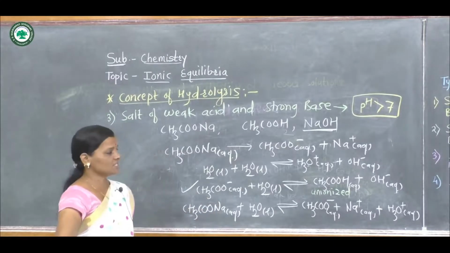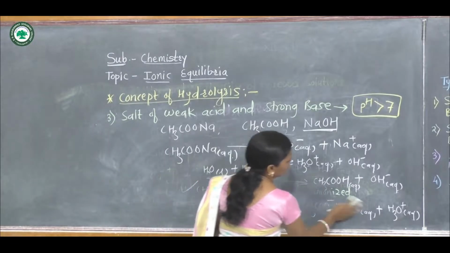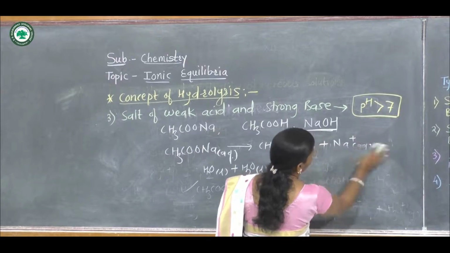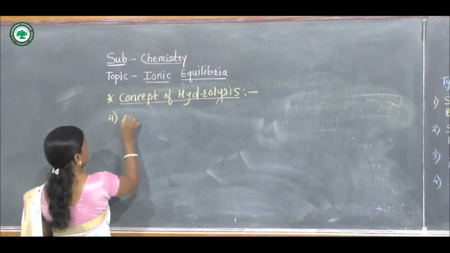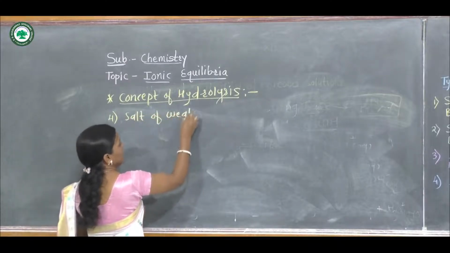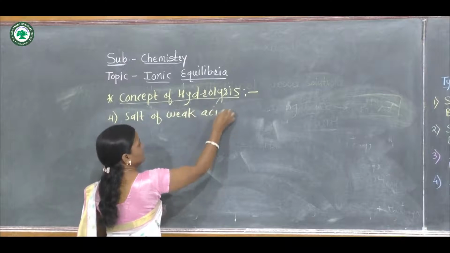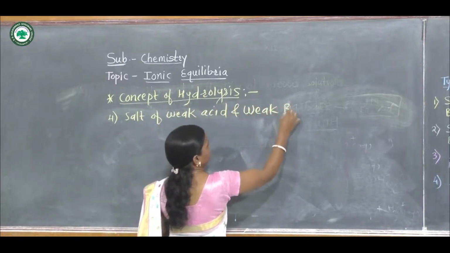Now let us see the fourth type of salt, that is, salt of weak acid and weak base.